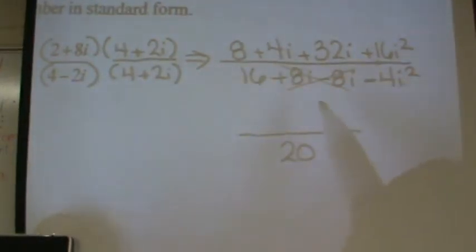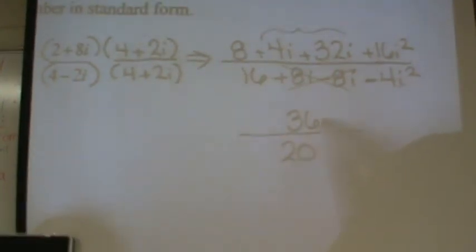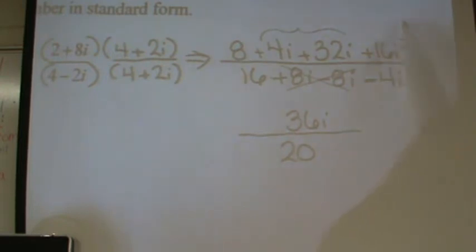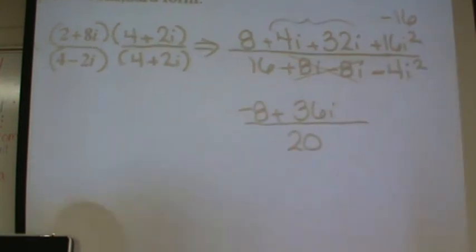Okay, next, how can I clean up this top part? I know what those two are. It's 36i, right? What's this? Negative 16i. That's really negative 16. And you've got an 8 here. What does that become? Is everyone cool with that? Well, you could simplify it.